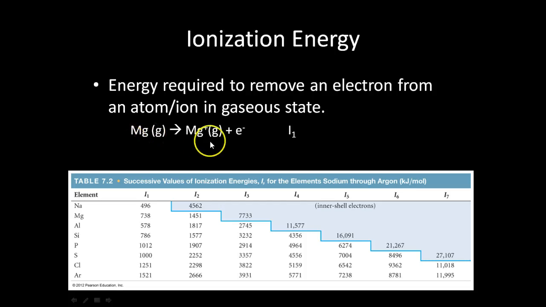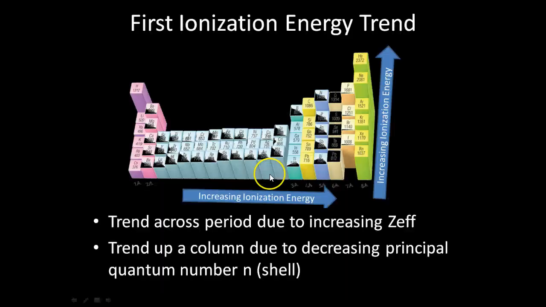For the second ionization energy for magnesium, you take the magnesium ion, Mg plus 1, and remove an electron, so it becomes magnesium plus 2 plus 1 electron. This is the way to write the first and second ionization for any element, and you would continue this trend for any species.